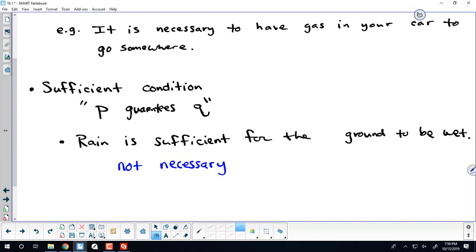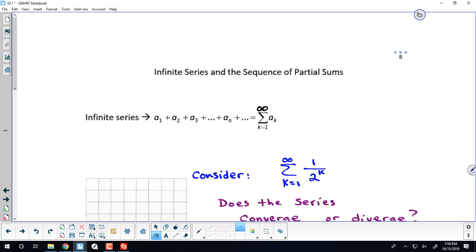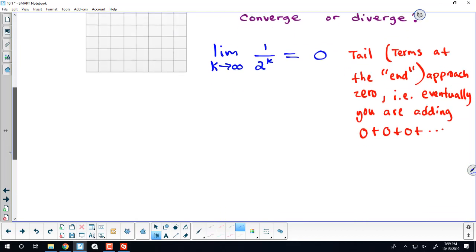So when we say that in order for a series to converge, it's necessary that the terms approach zero, it doesn't guarantee convergence. Just in the same way that it's necessary for your car to go to have gas, it doesn't guarantee your car is going to go. Does that make sense? So that's the difference between a necessary versus a sufficient condition.